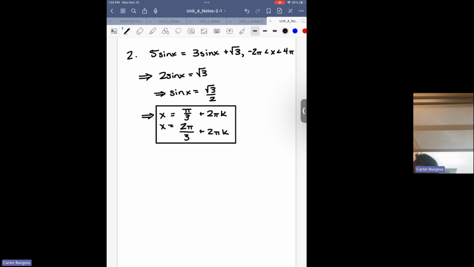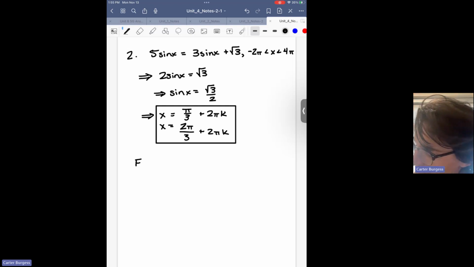We're going to need to test values of k to see whether or not they meet the criteria that we have set for x. So that's it. We're just going to test different values of k. Probably the easiest one to start with is let's check what's going on when k equals 0.